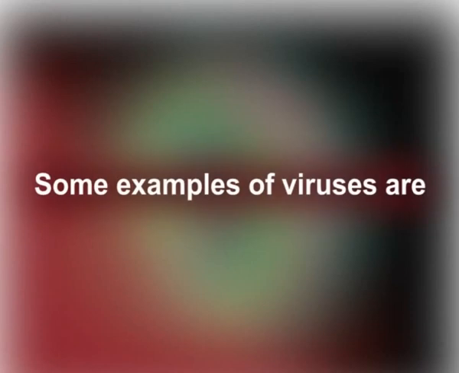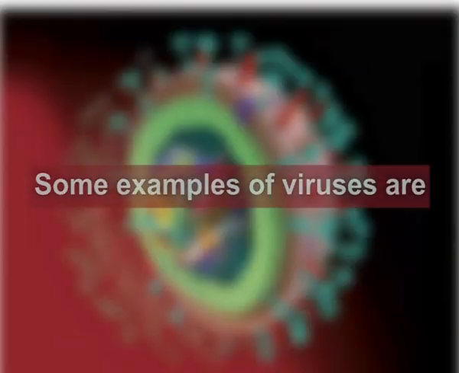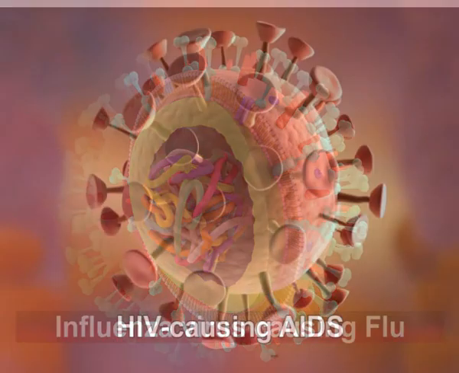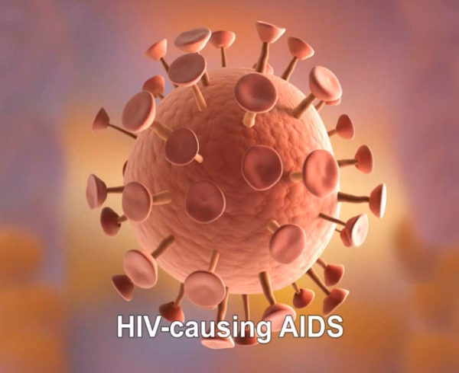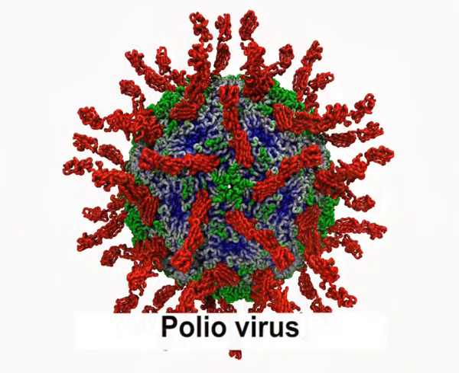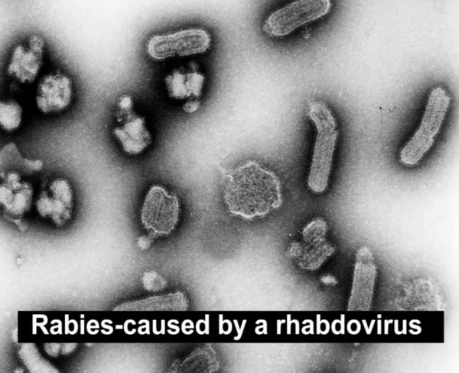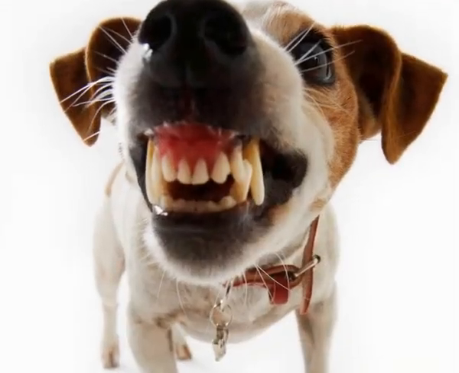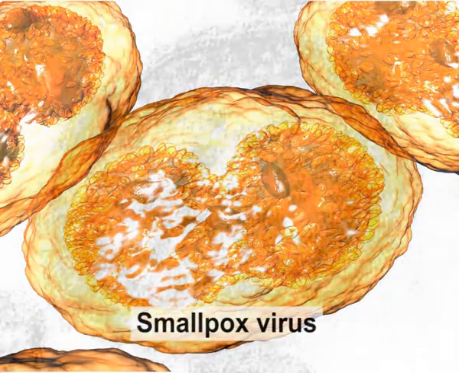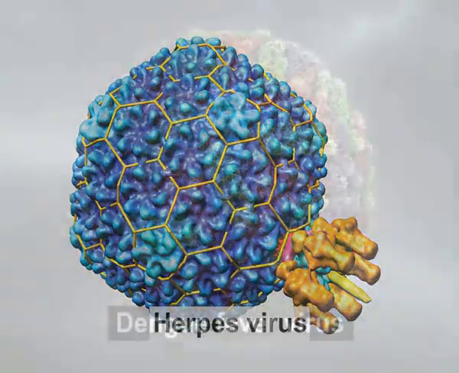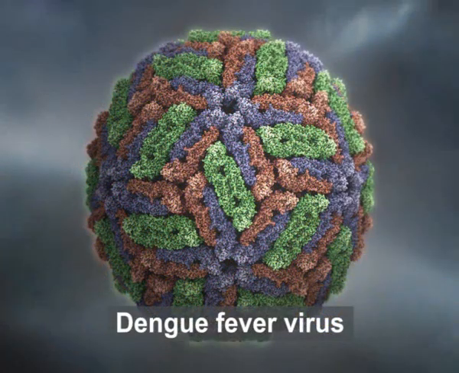Some examples of viruses are influenza virus causing flu, HIV causing AIDS, polio virus, rabies caused by a rhabdovirus, usually caught by an infected animal bite, smallpox virus, measles virus, herpes virus, dengue fever virus.